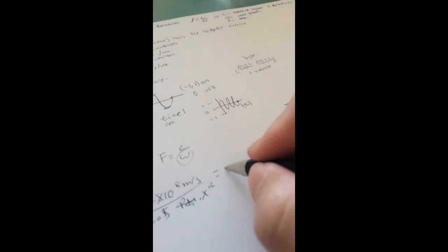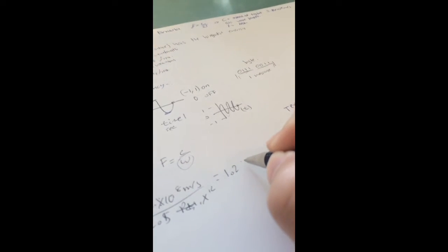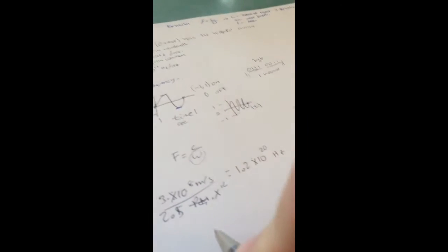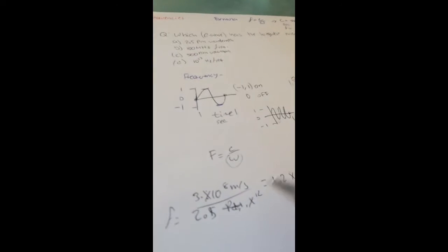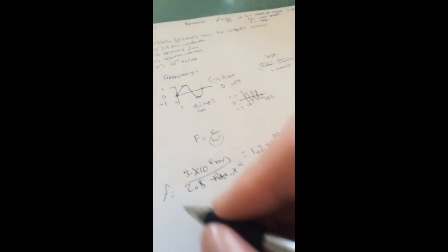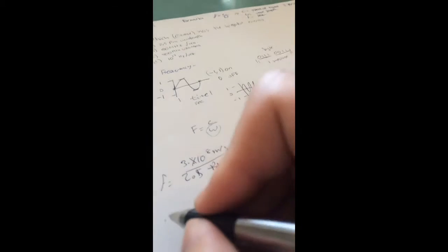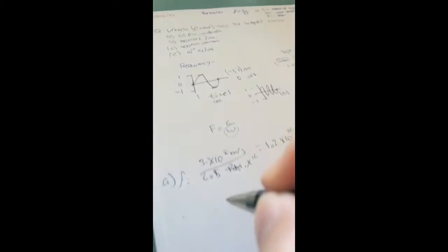If you compute for that, you're going to get like 1.2 times 10 to the 20 hertz, because the unit for frequency is hertz, 1 cycle per second. And so that was A.